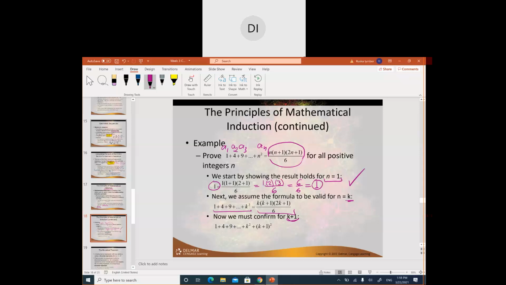Now, I know this part here is the one from the previous step. So all this here, when I add it from 1 all the way to k squared, it's k times (k plus 1) times (2k plus 1) over 6. And I have to add (k plus 1) squared.